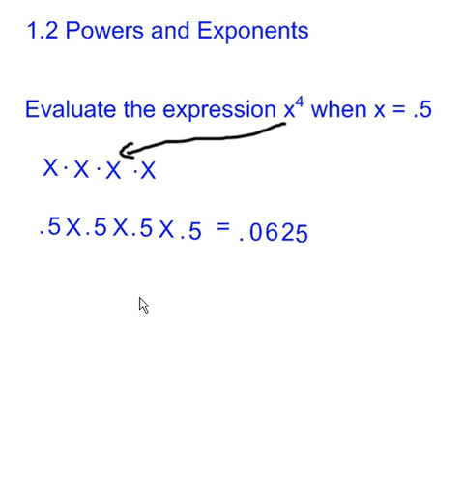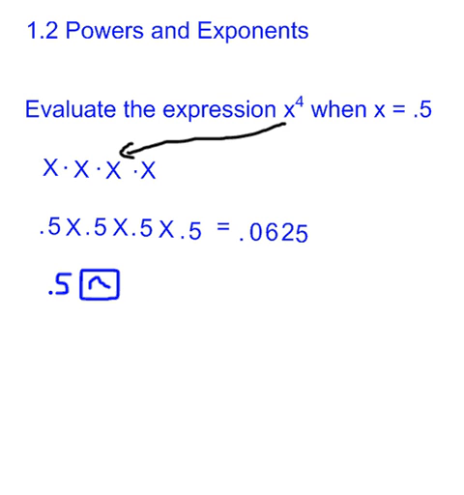To use your calculator, how you would punch this one in is you would put 0.5, and then you would either hit your y to the x power button or x to the y power button. Most of you are going to have a calculator that has a button like this, kind of like an arrow pointing up.